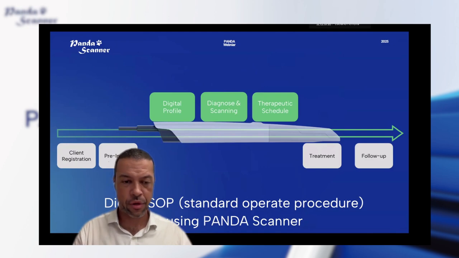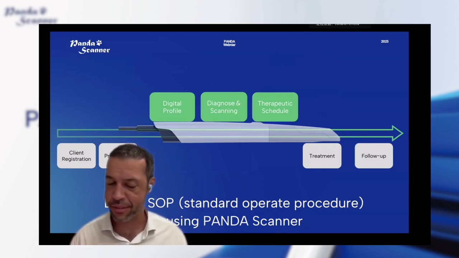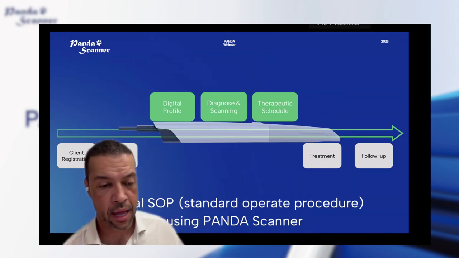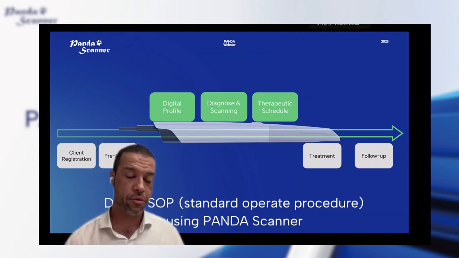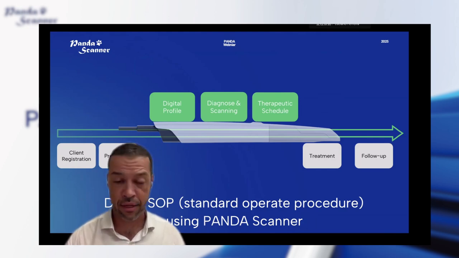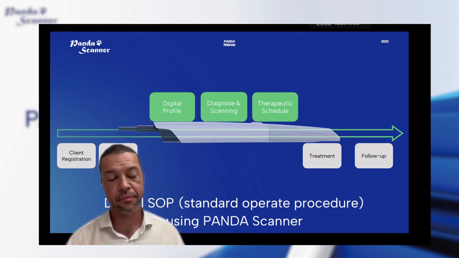So the intraoral scanner in the first appointment, from my point of view, is very important. And definitely here in my clinic, the patients love to be scanned in the first appointment and discuss the case, and together we can decide what to do.